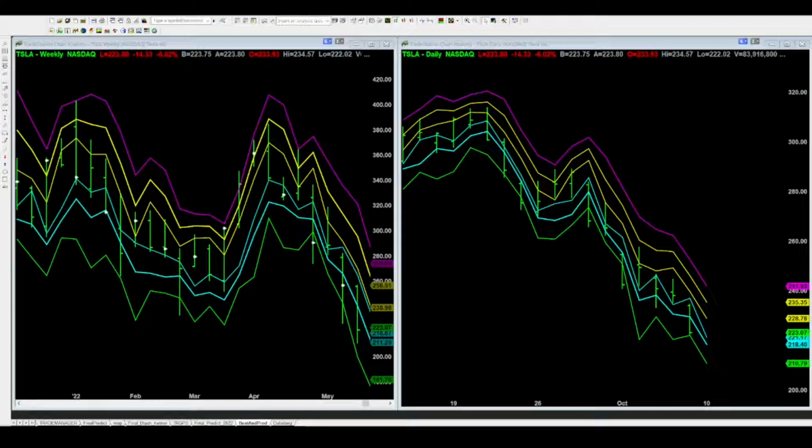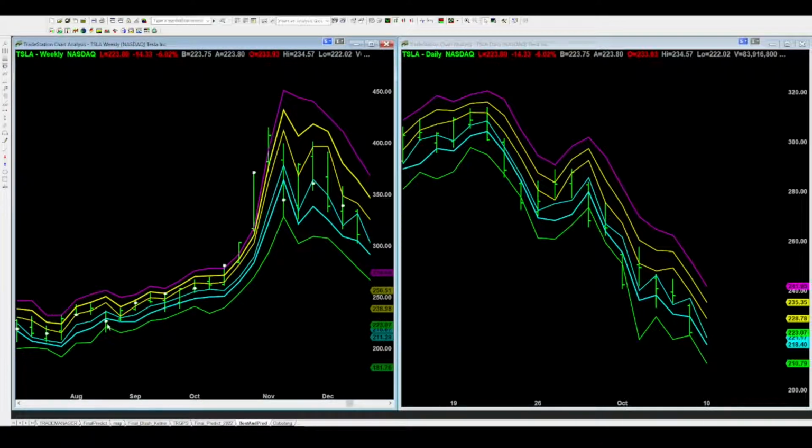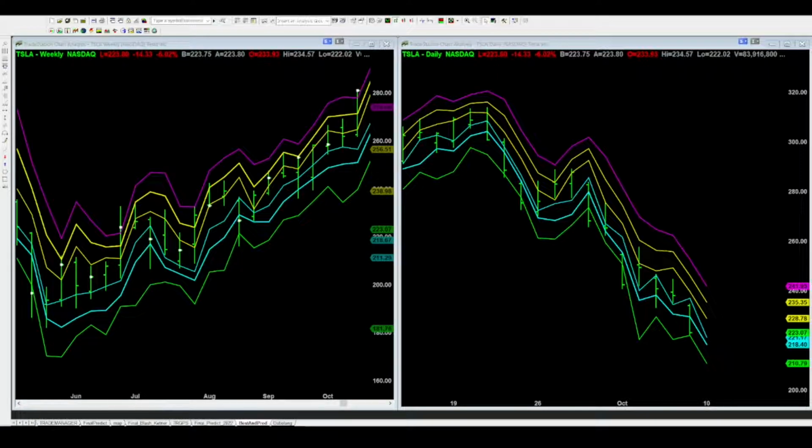So $235 up to $380, it's almost $150 of increase. So that's a big increase, and it still implies a good buying opportunity.